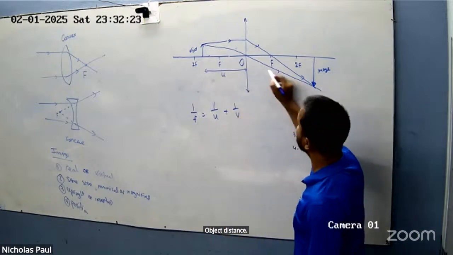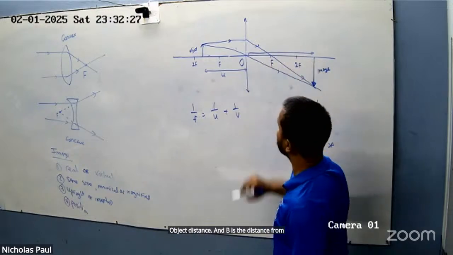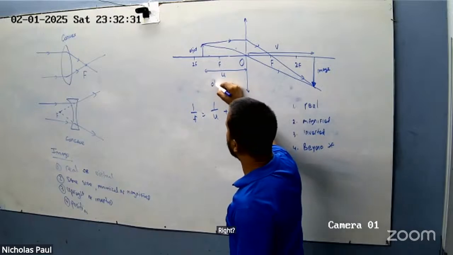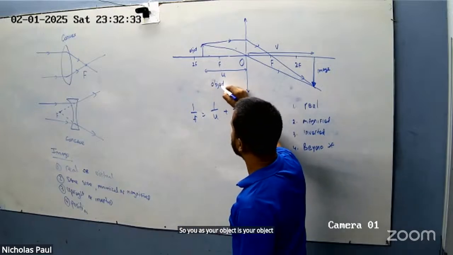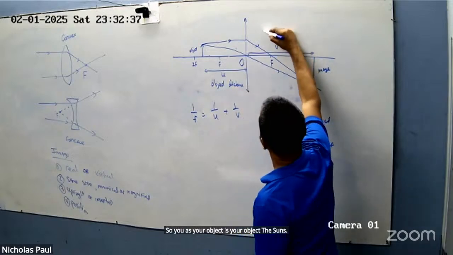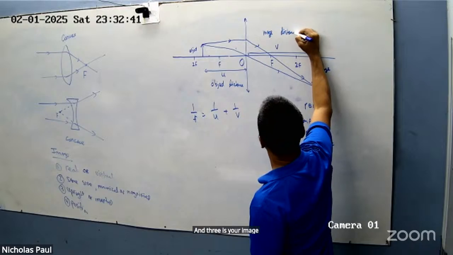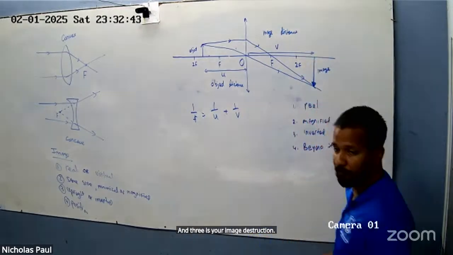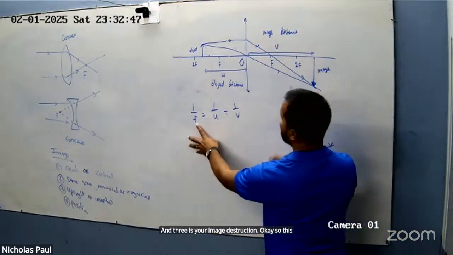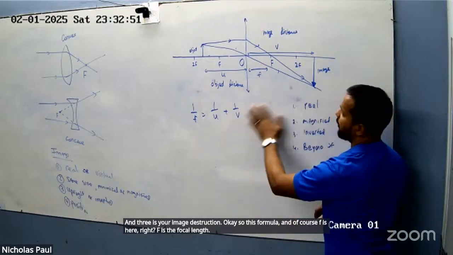And V is the distance from here to here, the image distance. And of course, F is the focal length. This formula allows you to work out anything.